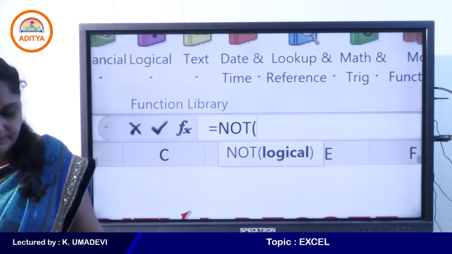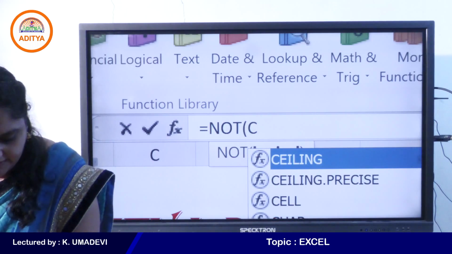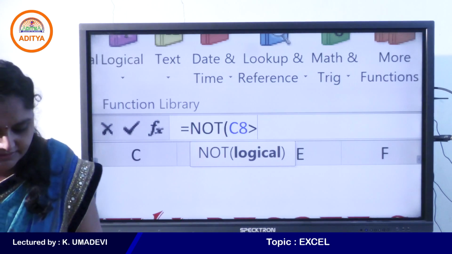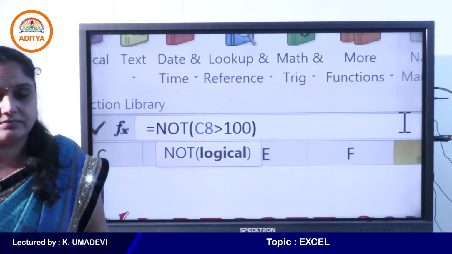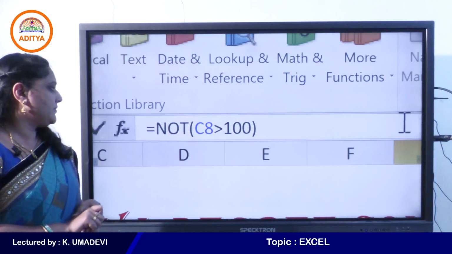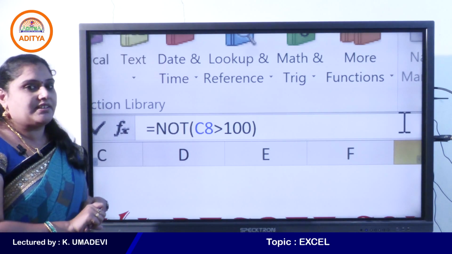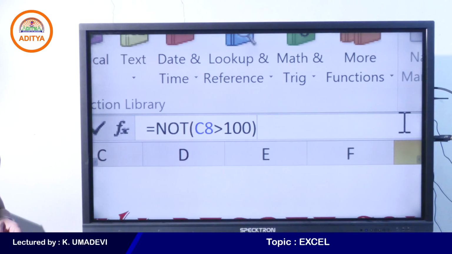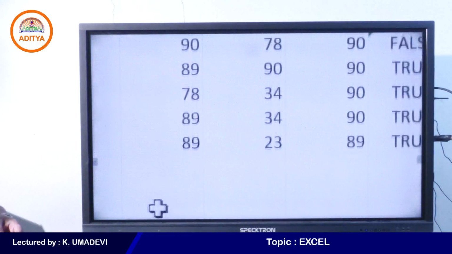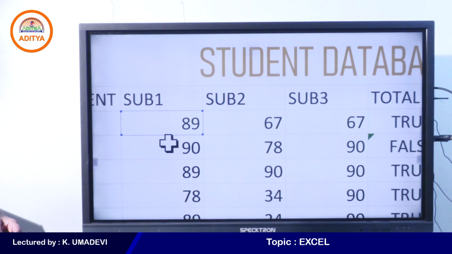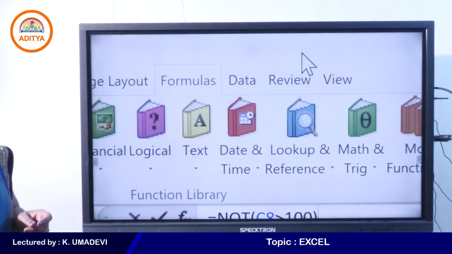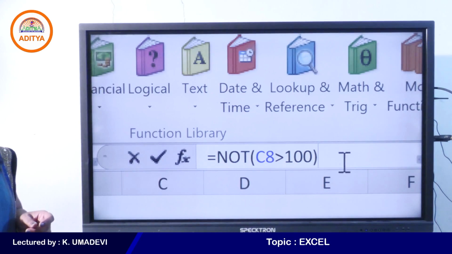For example, C8 greater than 100. NOT of C8. C8 contains 89, right? Is 89 greater than 100?